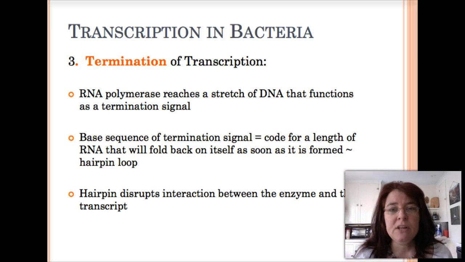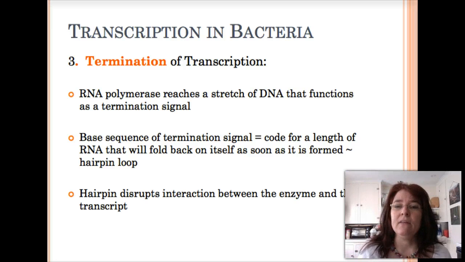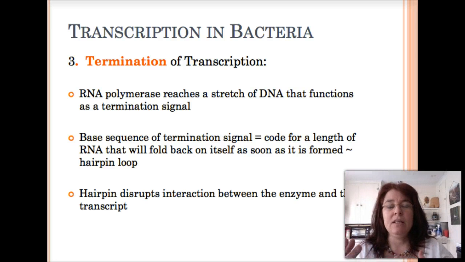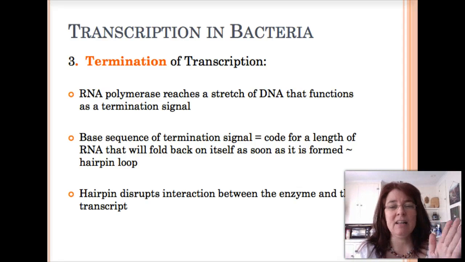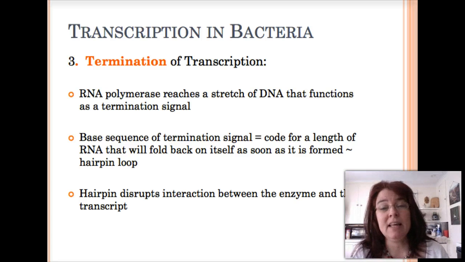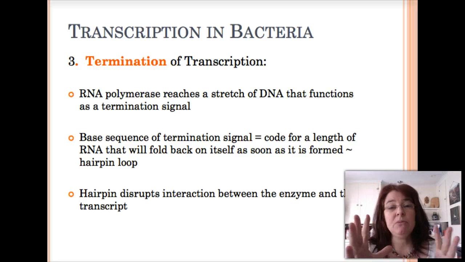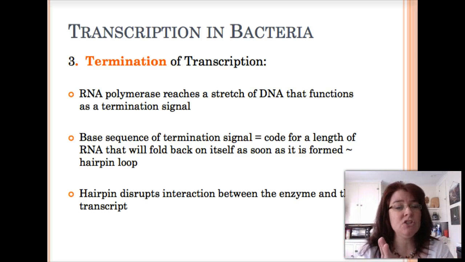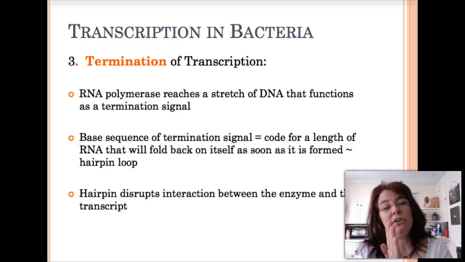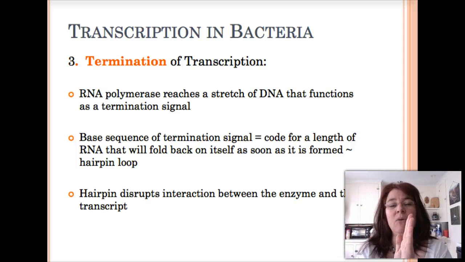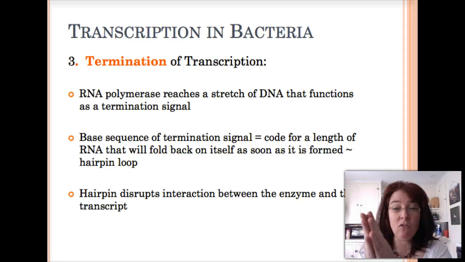The RNA polymerase is going to get to a stretch of bases that code for a length of RNA that will have the sequence of bases that allow it to fold back on itself. Let me say that again. The RNA polymerase is going to get to this termination signal, this region on the DNA strand that has a specific order of bases that allow it to fold back on itself.